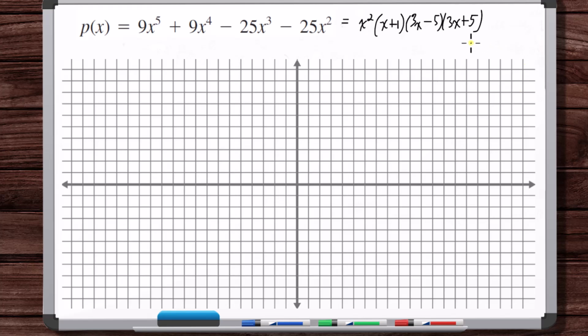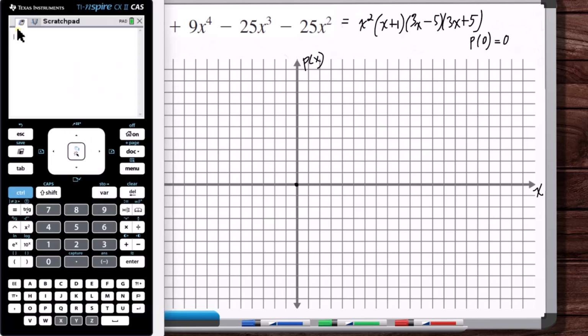Okay, so for the y-intercept, we plug in x is equal to 0. Is that 0? Okay, so we can plot, let's see. So let's plot the y-intercept. Okay, so we can see the x-intercepts, or the zeros, are at x is equal to 0 with multiplicity 2, and then x is equal to minus 1, 5/3, and minus 5/3, all with multiplicity 1.